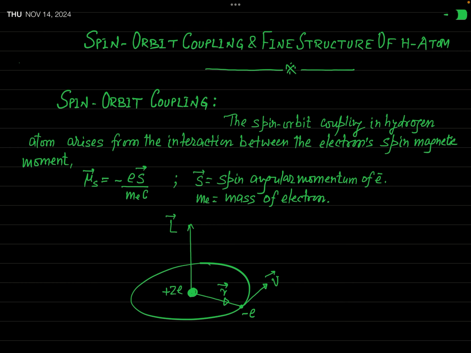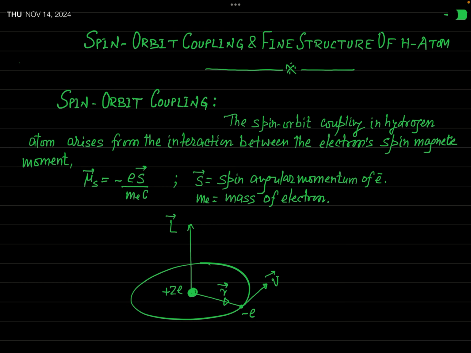Our discussion will be limited to that calculation. And in the forthcoming lecture just after this, we will see the relativistic correction and the explanation of the fine structure of the hydrogen spectrum.